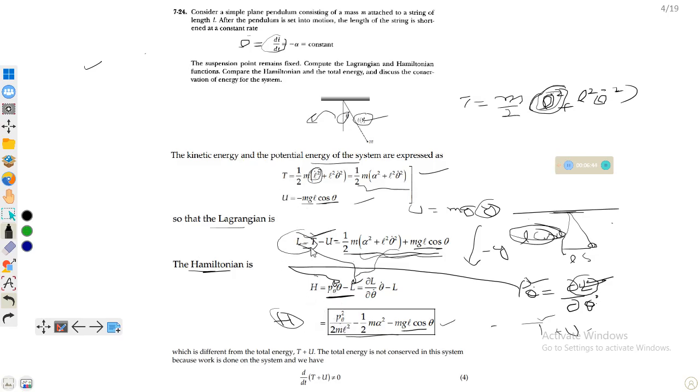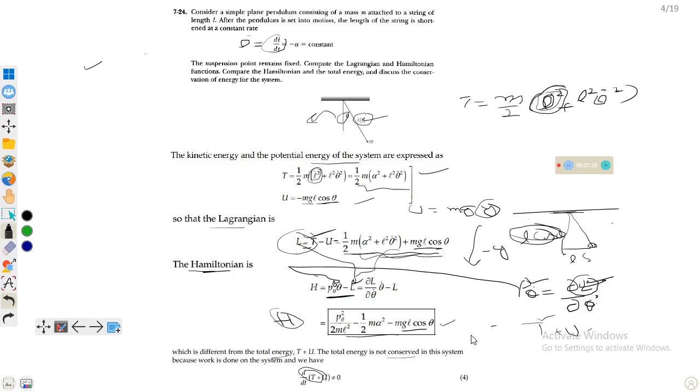But if the sum does not become equal to this Hamiltonian, which is different from the total energy T plus U, then the total energy is not conserved in the system because work is done on the system, and dE over dt is not zero, meaning the total energy is not remaining constant. And this shows that our system is not conservative. Some external force is acting on the system.